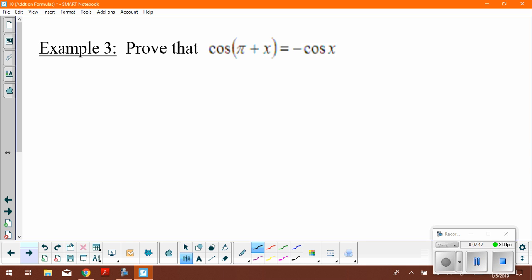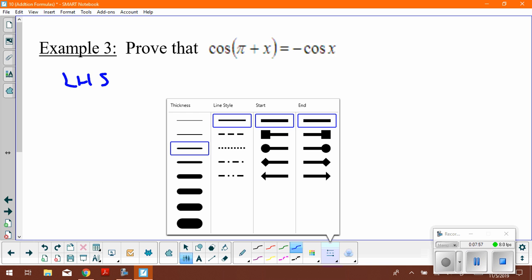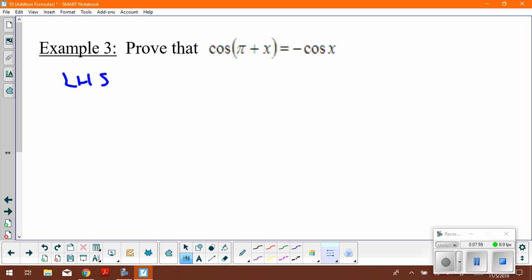Or sorry, negative cosine of x. Okay, so start with our left-hand side. Because again, we're going to use the addition formula that we learned. So we have cosine of pi plus x.